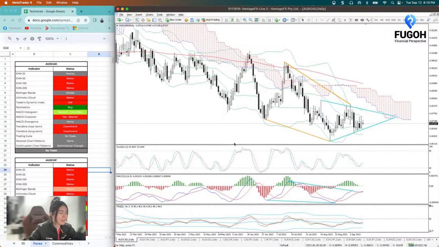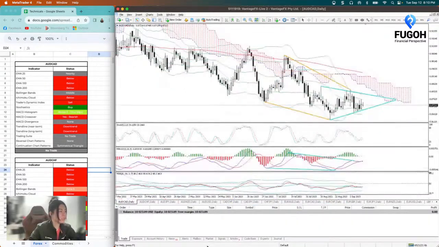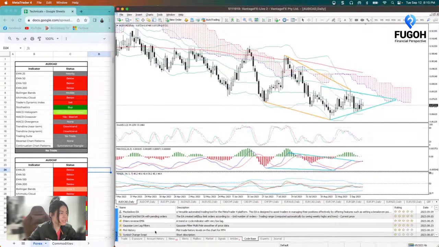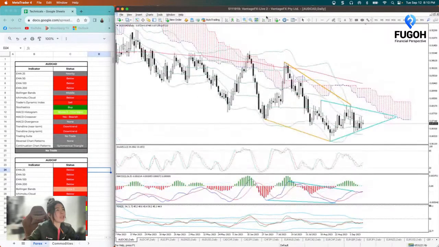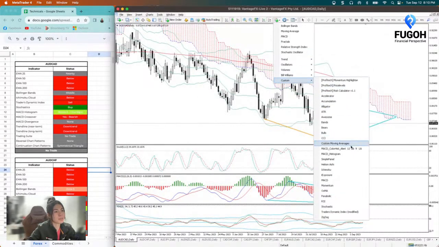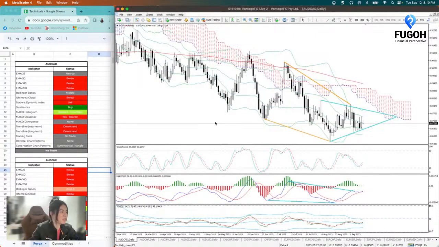You could go here in the code base and search for a MACD custom indicator, which the name of the custom indicator is this one, MACD underscore histogram. If you download this, it will automatically mark all of the MACD divergence for you guys. All right, but I don't want to cheat, so let's do it manually.